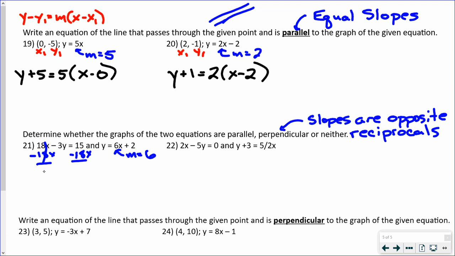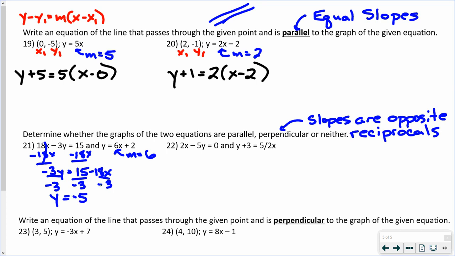And so now I have -3y equals 15 minus 18x. Divide everything by -3. Again, I'm solving it for y. So I get y equals negative divided by negative is a positive, 5. Wait, that is -5.